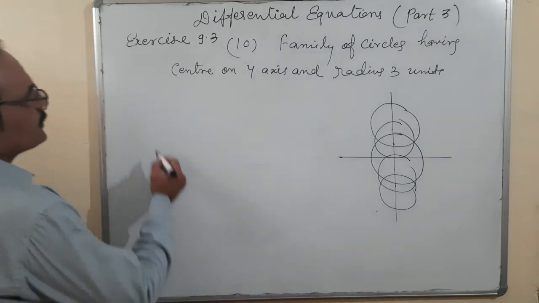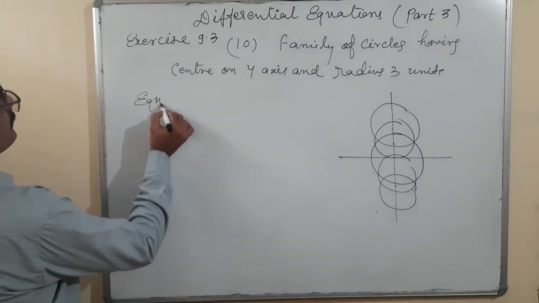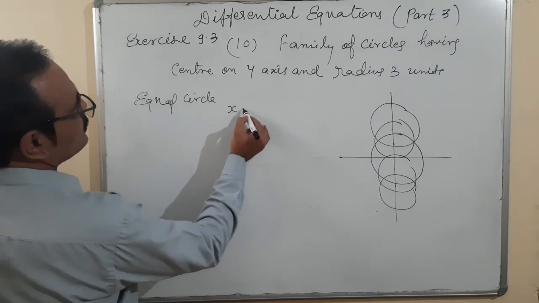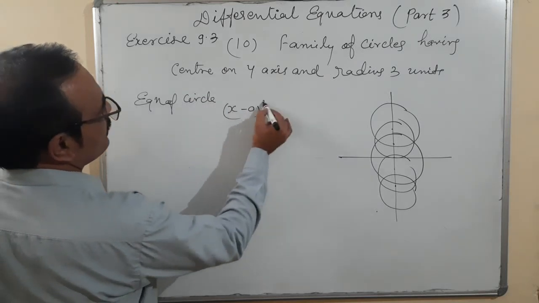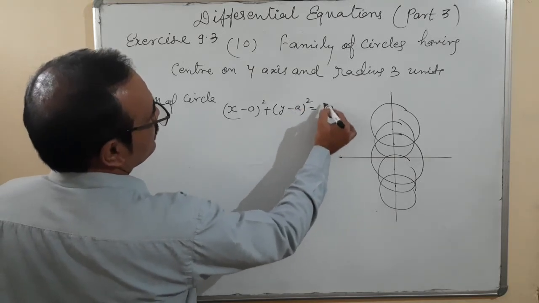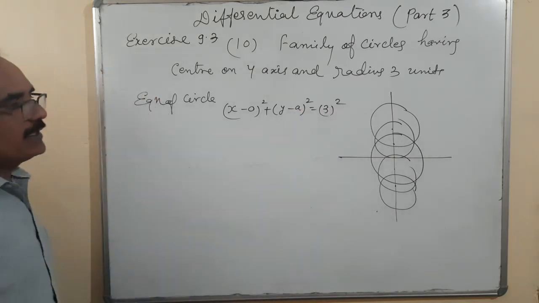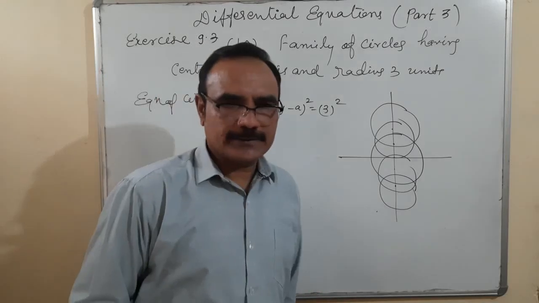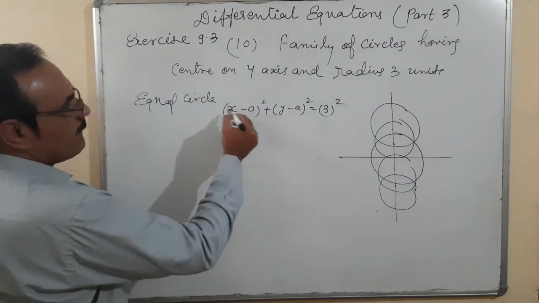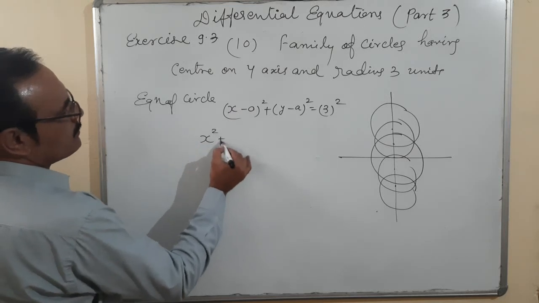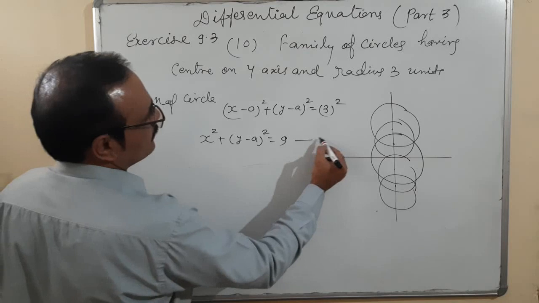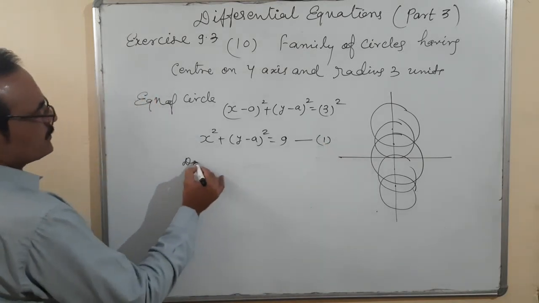So equation of circle is x minus 0 whole square plus y minus a whole square is equal to 3 square. Radius 3 and center at this. This may be minus or plus anything. So that means it is x square plus y minus a whole square is equal to 9. Differentiate with respect to x.